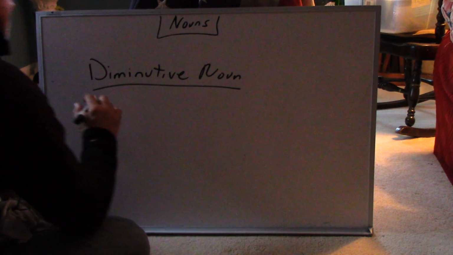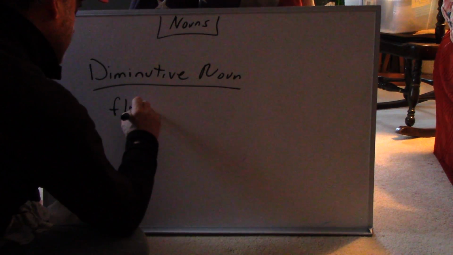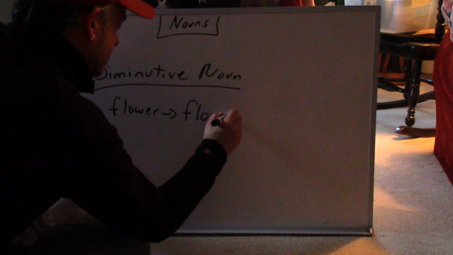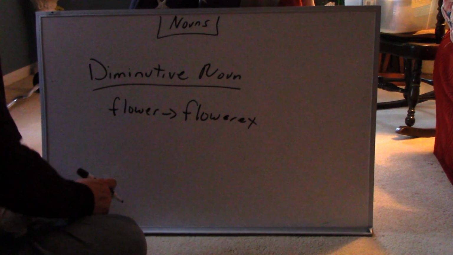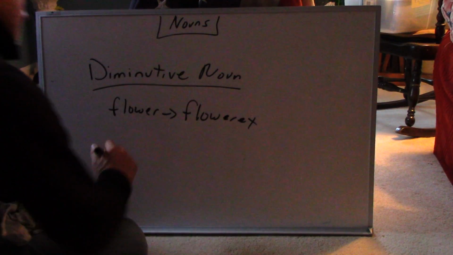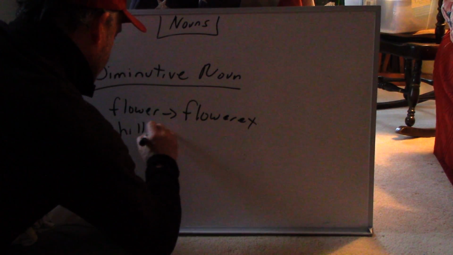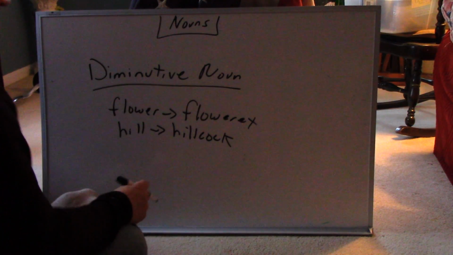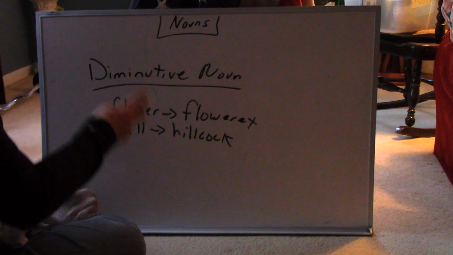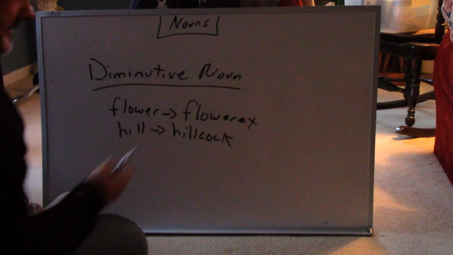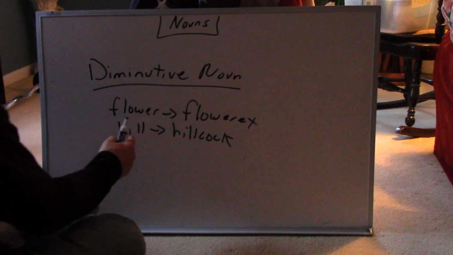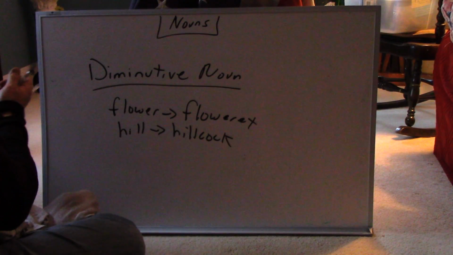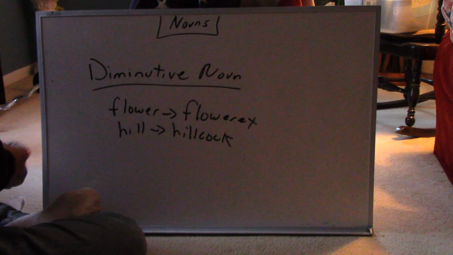Oh, that's cute, actually. Not a lot of people talk about this. Here's an example, right? If we have flower, and we have flowerette, right? Flower, flowerette. Or a hill, hillcock. Right? So a flower, but then a little flower is a flowerette. And then we have a hill, and a little hill is a hillcock. Well, that's cute. That's a cute noun. I like that. All right?